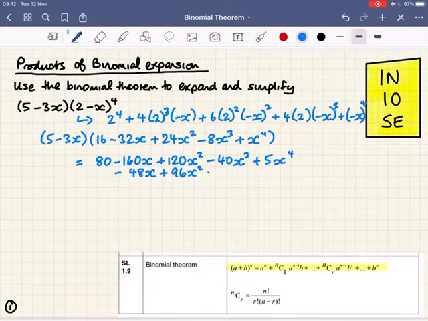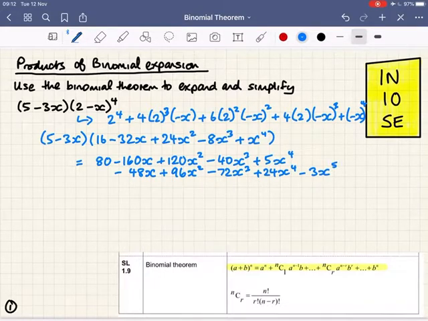Then I'll go negative again. 3x times 24x squared, I'm going to have minus 72x cubed here. And then we'll go positive again, minus times a minus, 3 times 8, 24, x to the power of 4. And don't forget the last term, 3x times x to the 4, and it's negative, will give minus 3x to the 5.